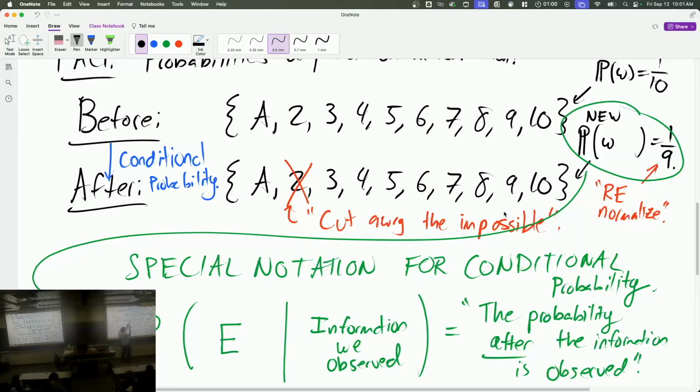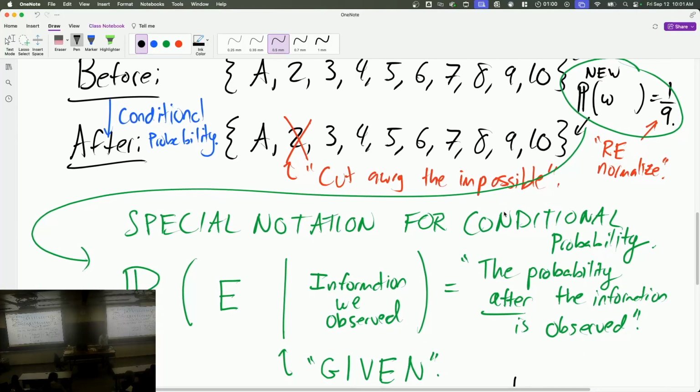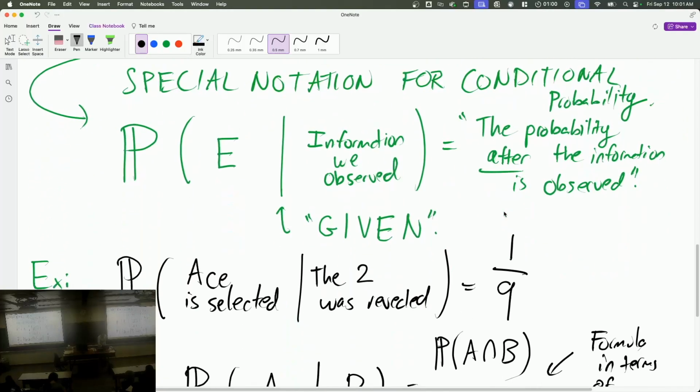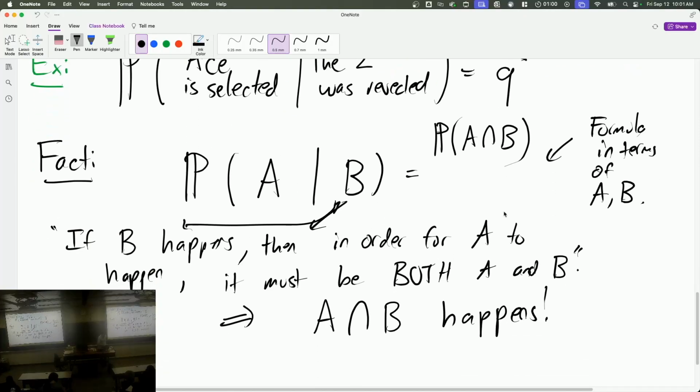So when you do the intersection of not 2 with ace, it's still ace. We cut away the 2, but if you're asking what's the chance you got the ace, before you won if it's the ace, and now you still win if it's the ace. So that one is not doing much, but in general, it is true. It's the probability of A intersection B. Okay, that is the first part.